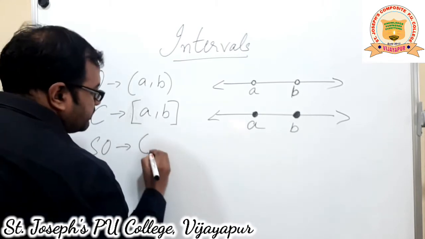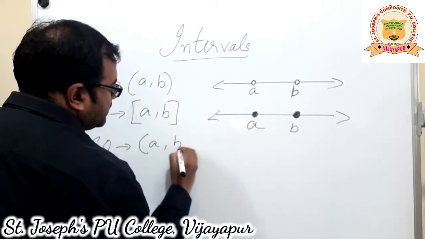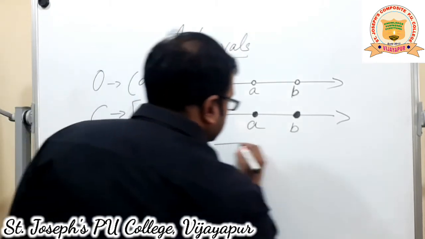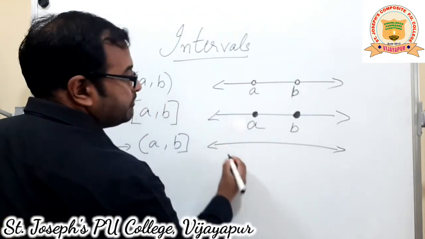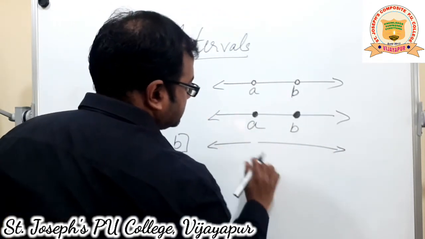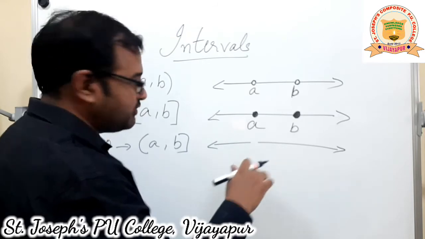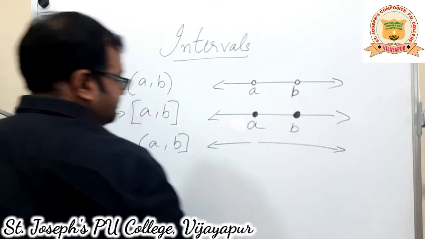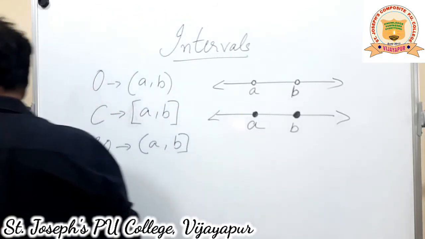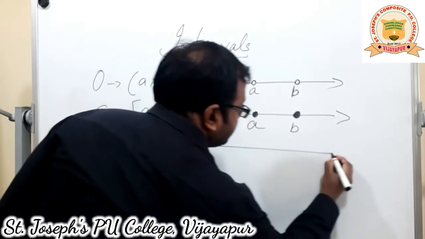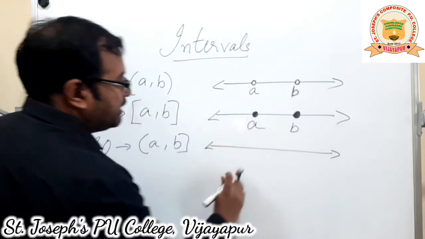So semi-open, right? Semi-open is open on one end, (a, b], closed on the other end. How does that look? If this is, it did not come very straight, it's a curved line. Okay, let's try to improve that since I'm not using a ruler here. I hope you'll pardon me for this.